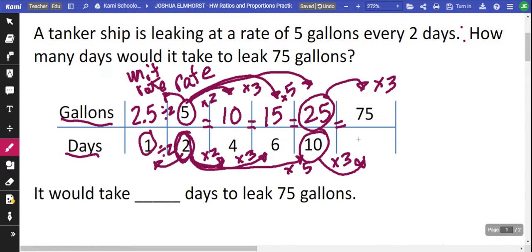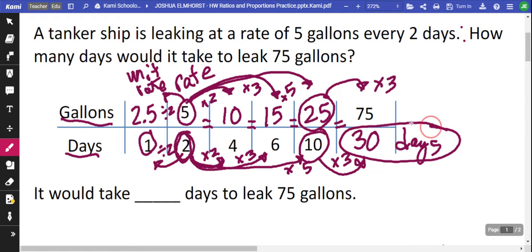So 10 times 3 will give us how many days? 30 days. And 75 gallons. So we go back to the questions. How many days would it take to leak 75 gallons? It would take 30 days to leak 75 gallons out of this tanker ship. So it sounds like it needs to go in for repairs.